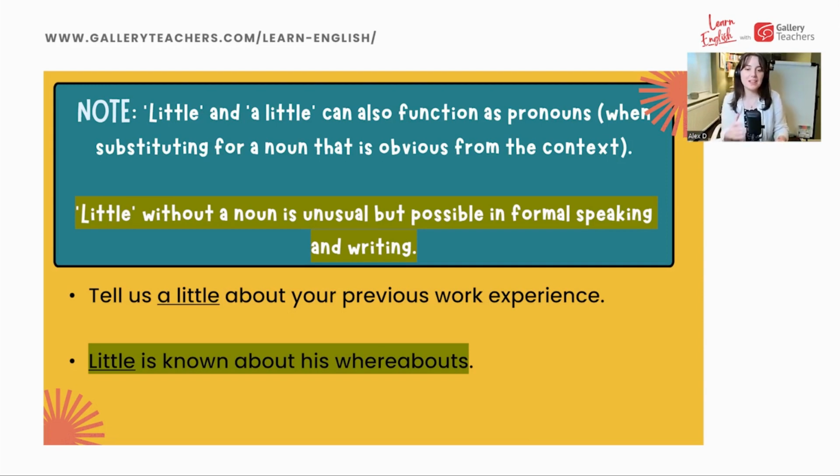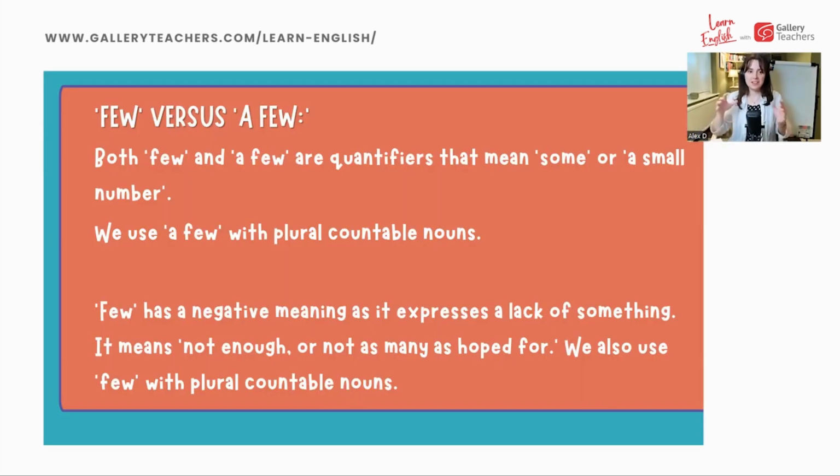Tell us a little about your previous work experience. And then we have the formal use of little without a noun. Little is known about his whereabouts, meaning his location. So that's quite formal. Okay, so that's little versus a little.